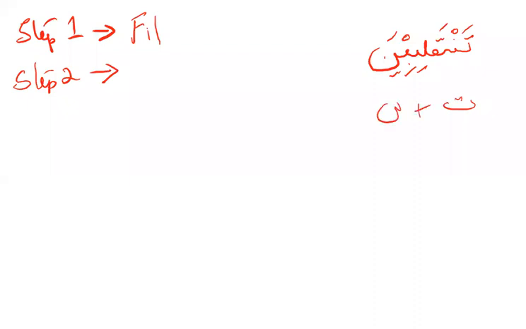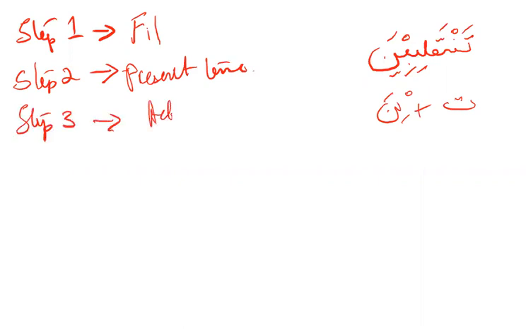Okay, let's do another word. Step 1: fail, ism or harf? Fail. Step 2: past or present? Present, because ta and ina ending is a present tense combination. Step 3: active or passive? It's active. Why not passive?